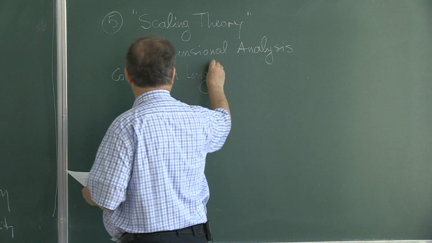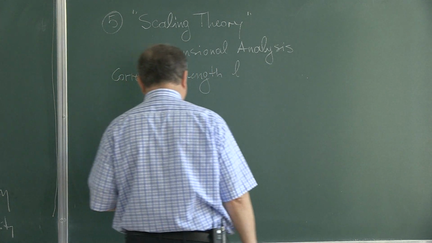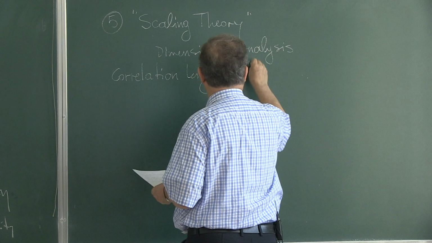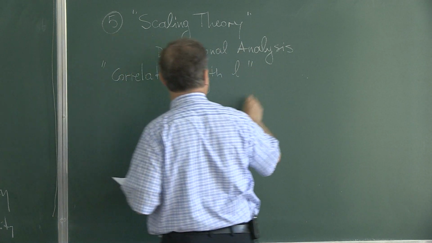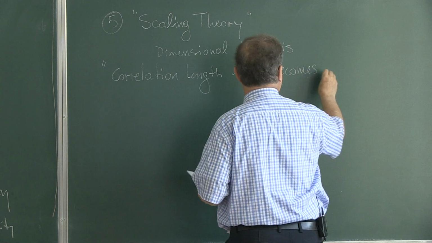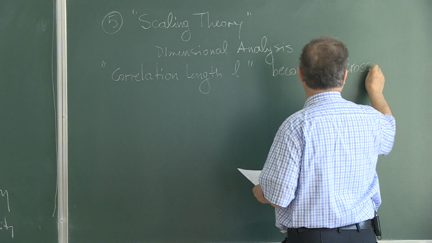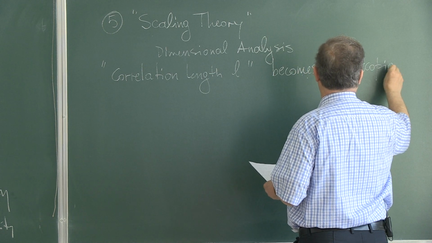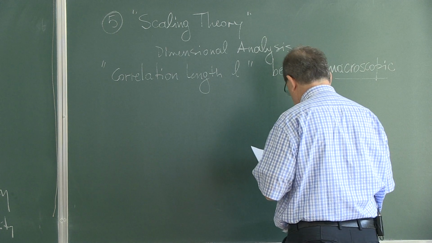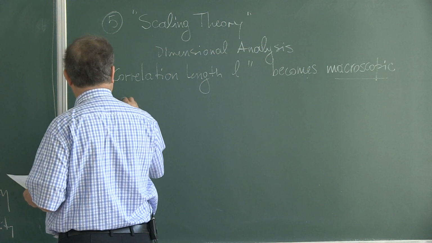The correlation length, small l, becomes of macroscopic magnitude. This is important at the critical point.